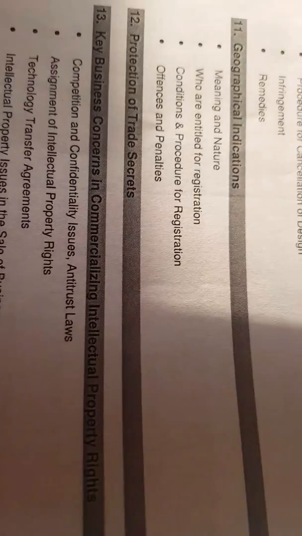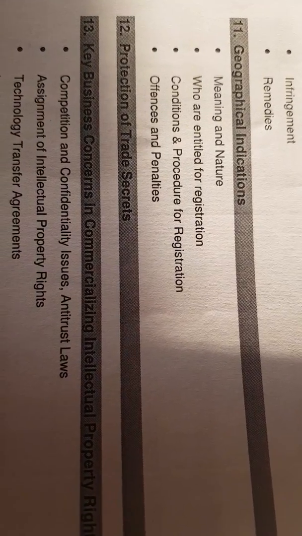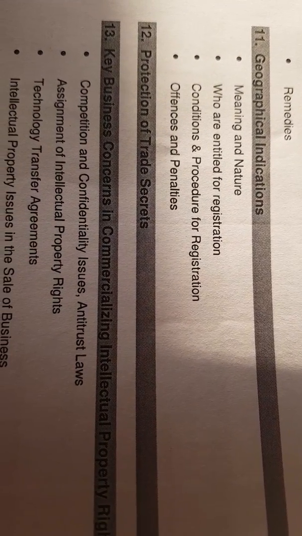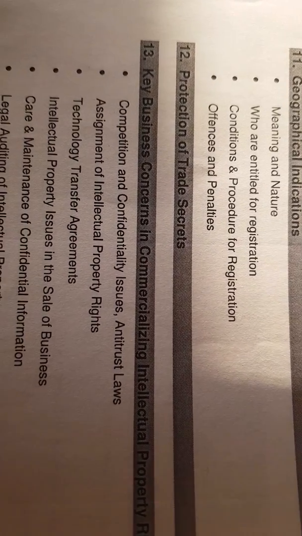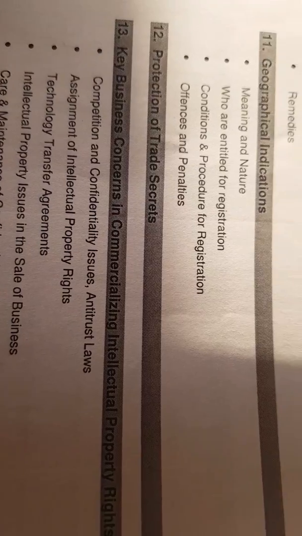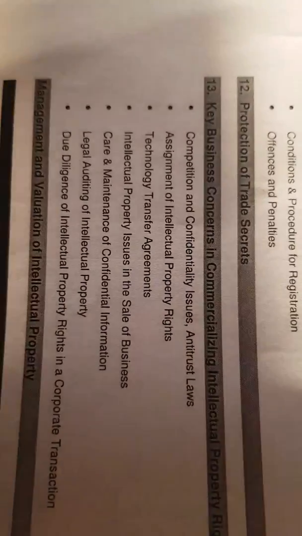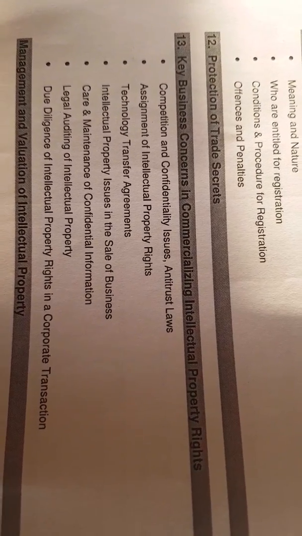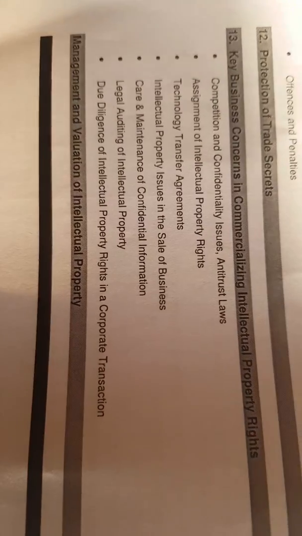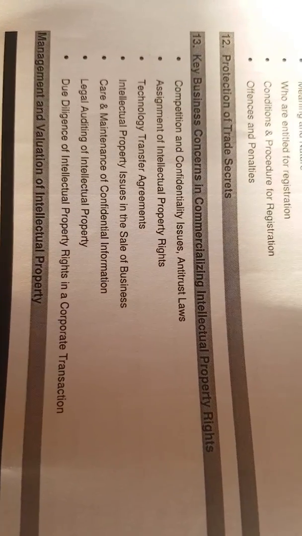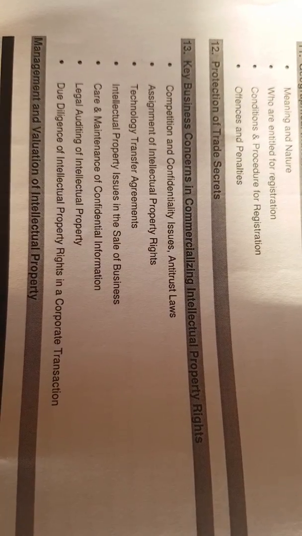Next is the geographical indication. Here also the offenses, the registration part, the procedure and the meaning are given. Next is the protection of trade secrets, where a briefing of trade secrets is given. An example of Coca-Cola secrets is also mentioned. Next is the last and not the least, the 13th chapter, key business concerns in commercializing IPR.